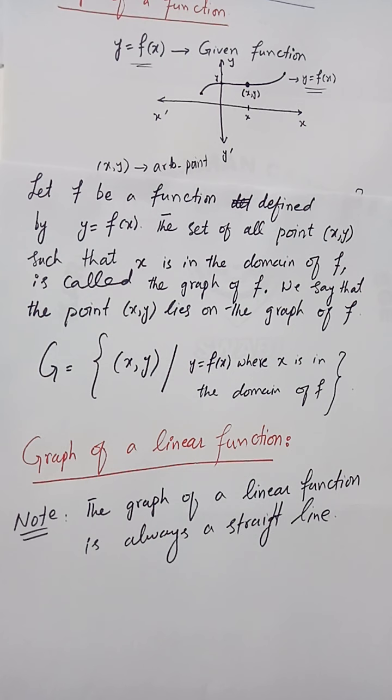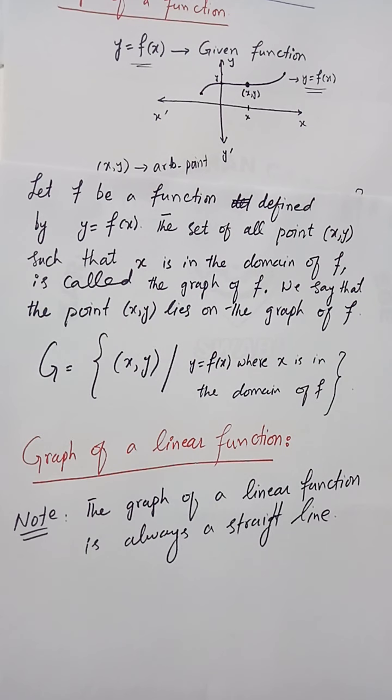So for that you need to know the shape of the function. If a function is a linear function, then its graph is a straight line. The minimum requirement for a straight line is just 2 points. You need just to plot 2 points in a plane while drawing the graph of a linear function, because you know that its graph is a straight line.